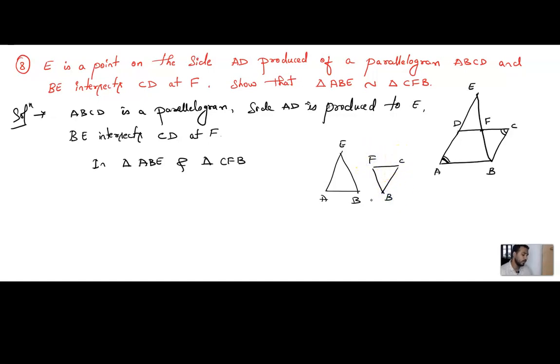CFB. In these both triangles, children, we know that angle A and angle C both are equal, right? Angle A is equal to angle C because they are opposite angles of the parallelogram. Opposite angles of the parallelogram will always be equal. So angle A is equal to angle C.